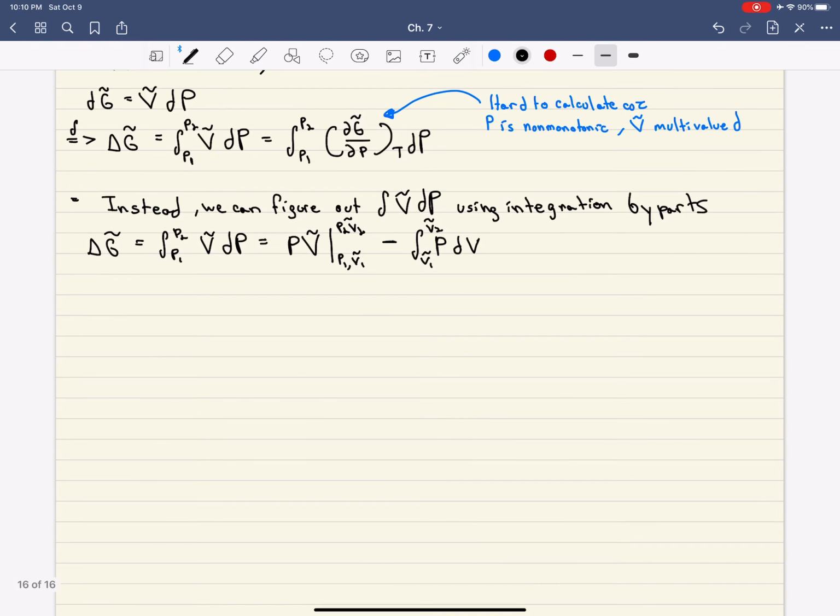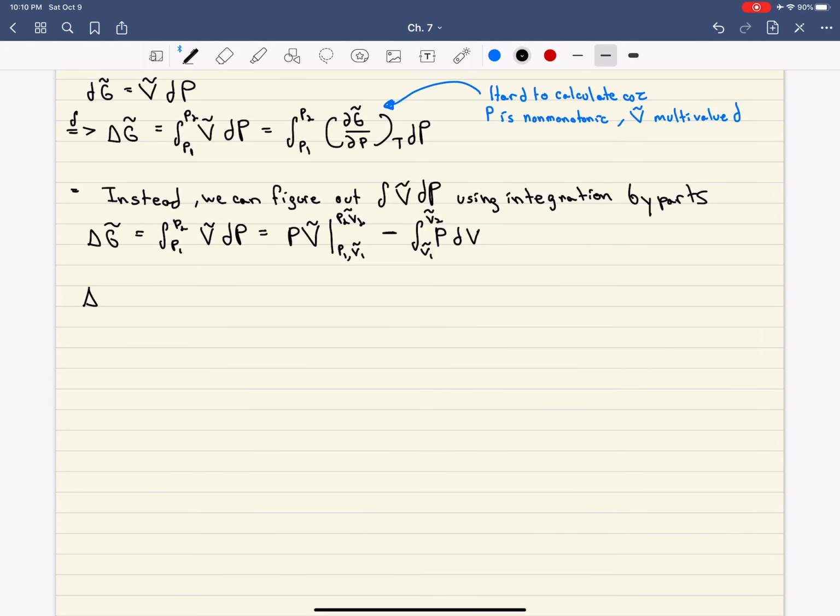All right, and so if we fully evaluate this term here, what we have is V2 P2 minus V1 P1 minus the integral from V1 to V2 of P dV.